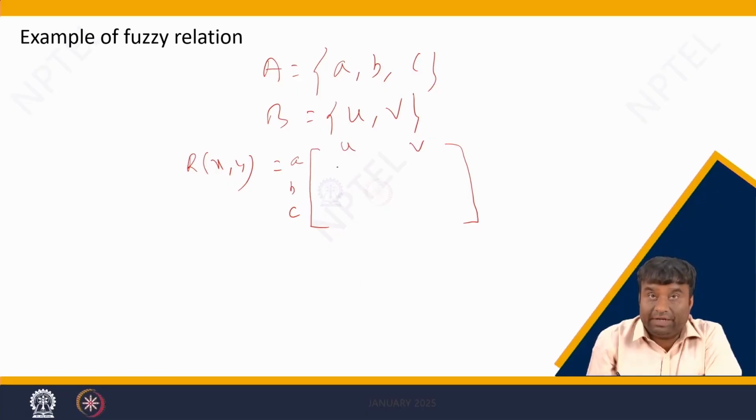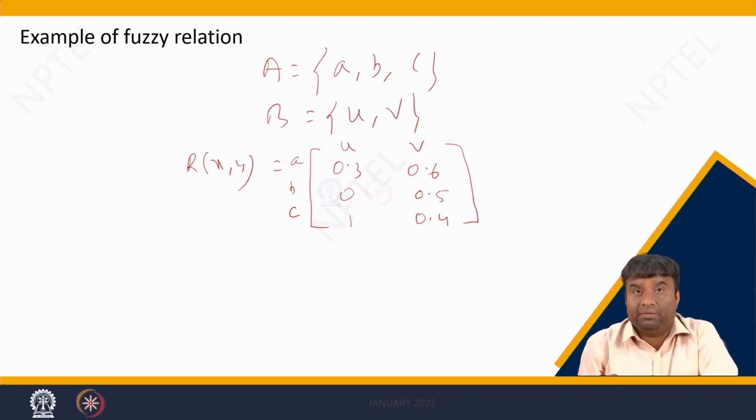The elements will be between 0 and 1. Let this element be 0.3, this element 0.6, this element 0, this element 0.5, this element 1, and this element 0.4. So it is an example of fuzzy relations.